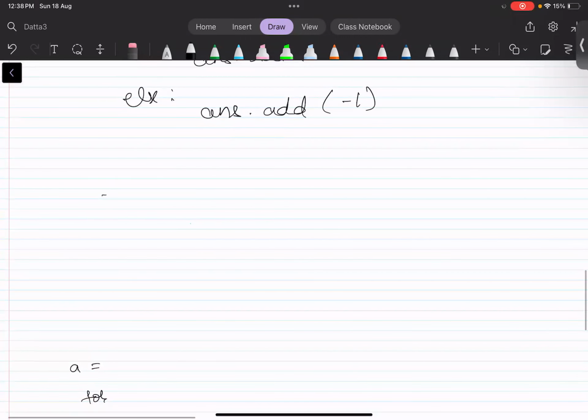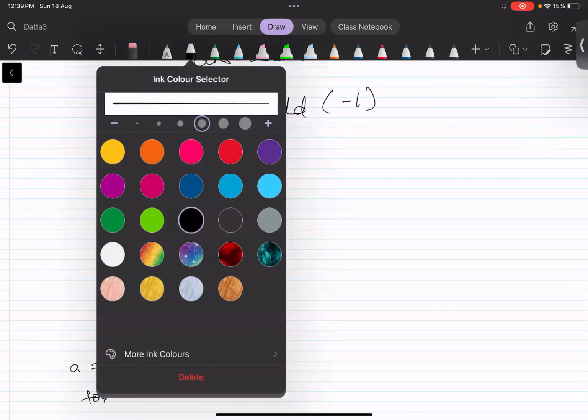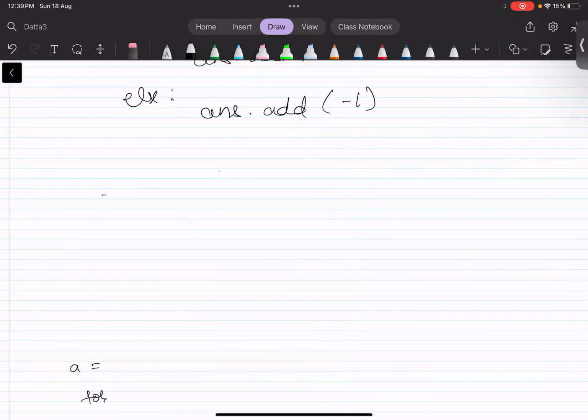Now let's generalize the pseudocode. If you are given a solve function where we have an array a, n the size of the array, and k, we first initialize an answer array, which is 0. And we'll take a counter variable c as 0.